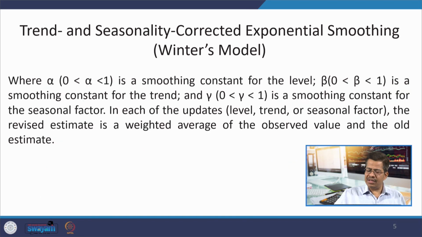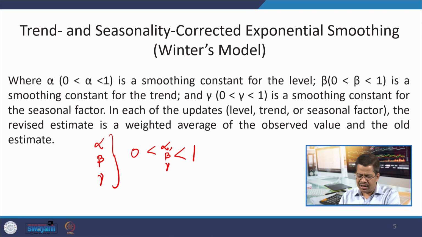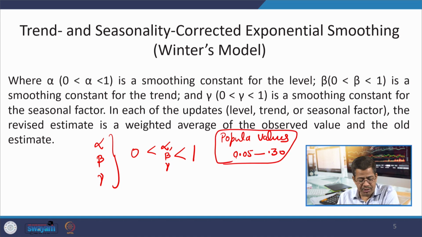Now, all these three, alpha, beta, gamma, lie between 0 and 1, and as we have been continuously saying, popular values of these coefficients are between 0.05 and 0.30. We use a lot of forecasting error measures for deciding the correct values of alpha, beta, gamma.